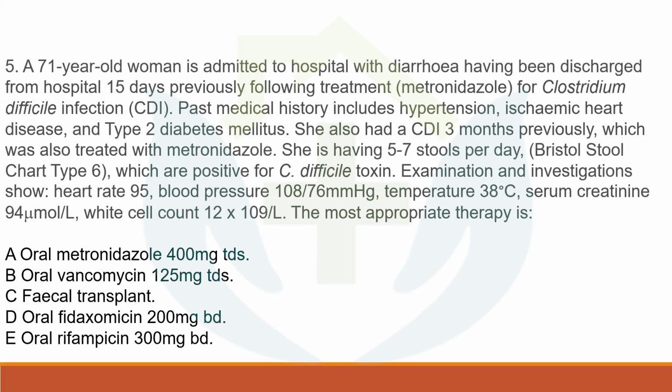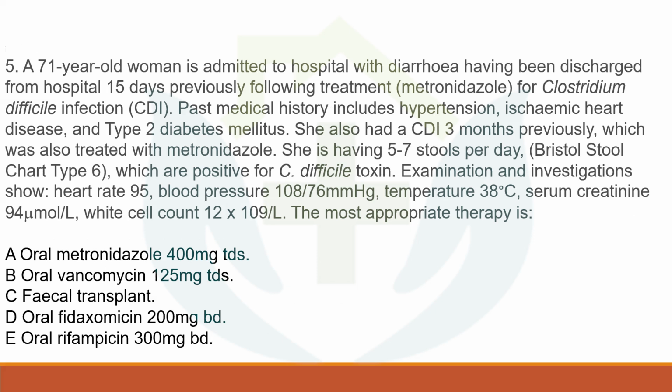Let's move forward. This is a 71-year-old woman admitted to the hospital with diarrhea, having been discharged from the hospital 15 days previously following treatment with metronidazole for Clostridium difficile infection. Past medical history includes hypertension, ischemic heart disease, diabetes mellitus. She also had CDI 3 months previously, which was also treated with metronidazole.